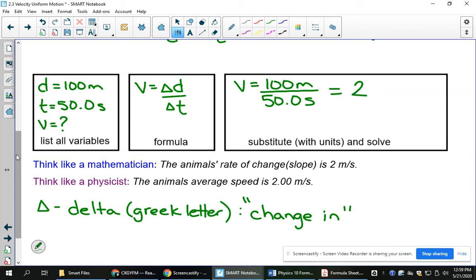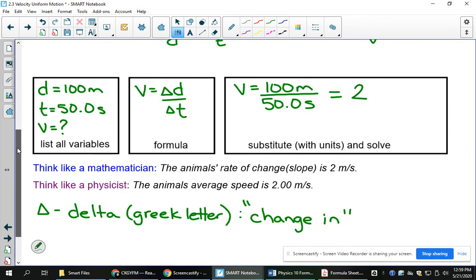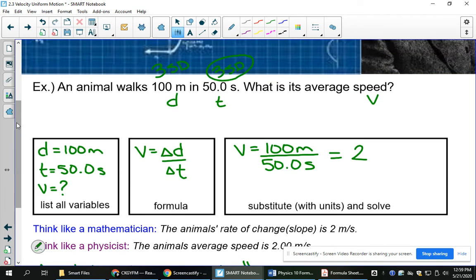But this is physics, and everything needs to be written with the proper number of sig digs. Remember at the top, we said 3 sig digs is what our final answer has to be. So how would you write the number 2 with 3 sig digs? You just add the 0.00 to show how specific your number is.